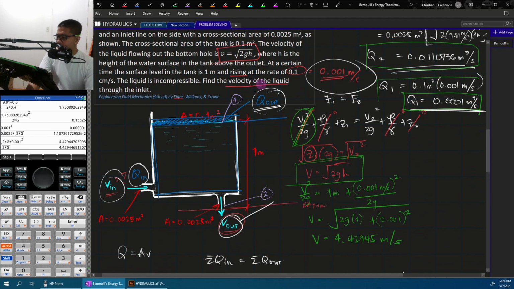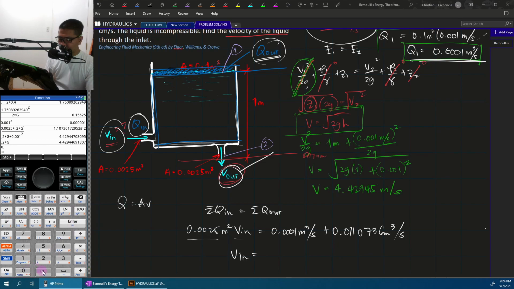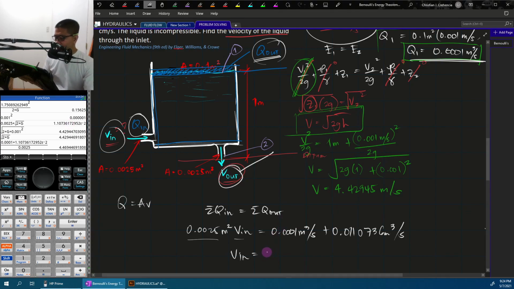So find the velocity of the liquid through the inlet. 0.0001 then plus ito nakuha natin sagot kanina then over 0.0025. So V in is equal to 4.469 meter per second. So, parang katulad din pala nito nakuha natin. Almost similar siya doon. So, mas malaki dapat to kasi nga, kung equal lang sila, then hindi na to tataas. Okay? Yan.